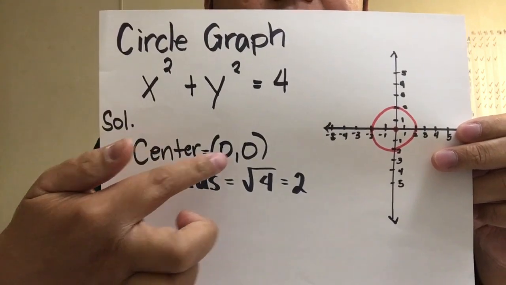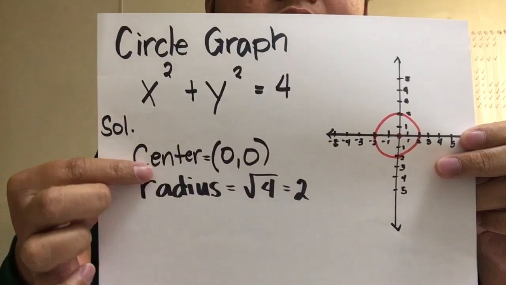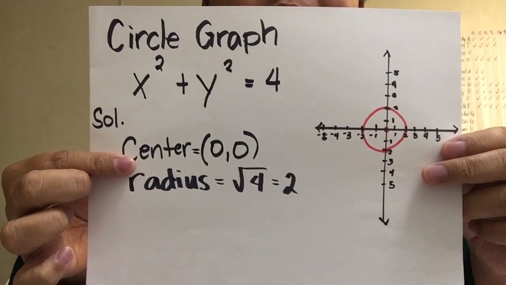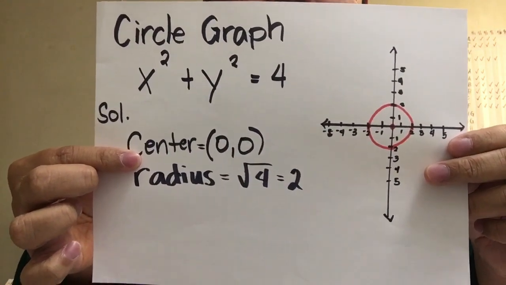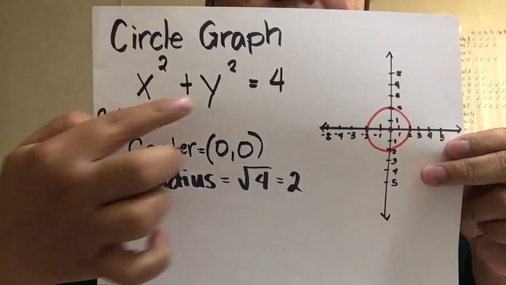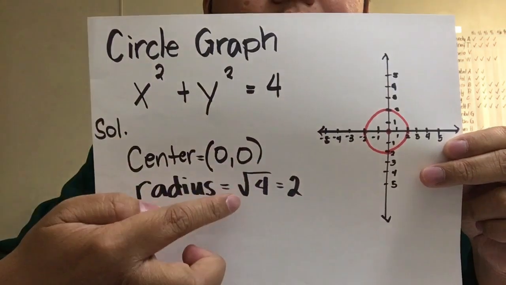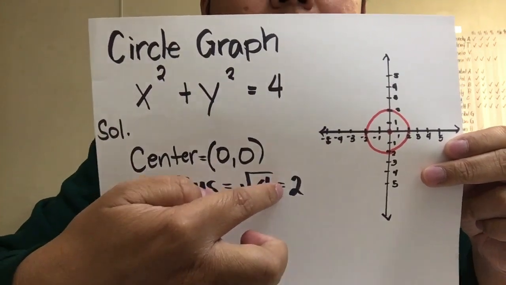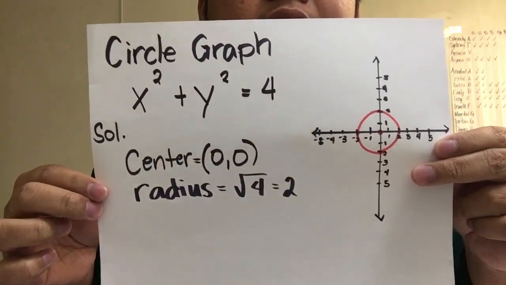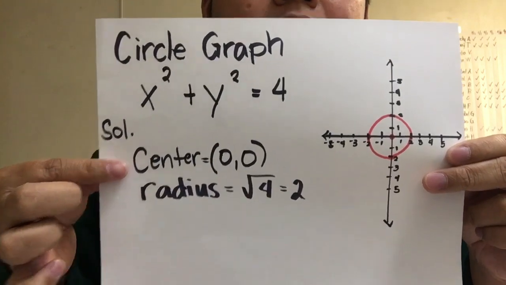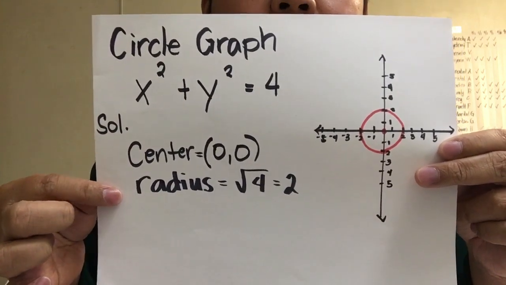So just write 0, 0 for the center. And now, how can we get our radius? By simply getting the square root of the equal number. So square root of 4 is equals to 2. So now we have our center and we have our radius.